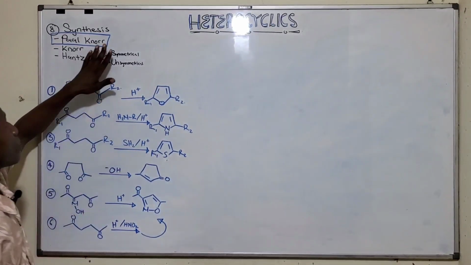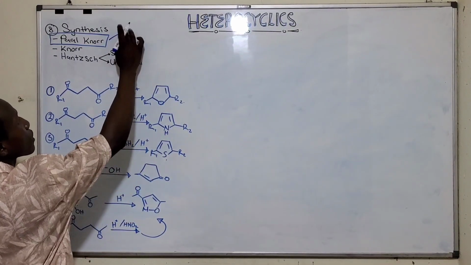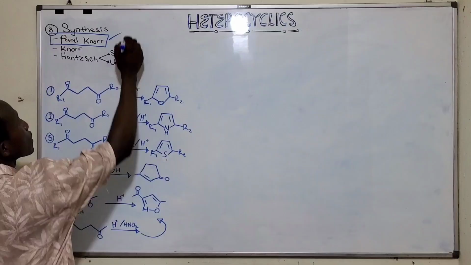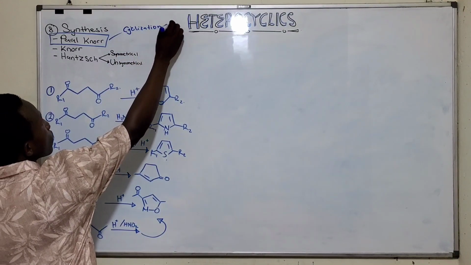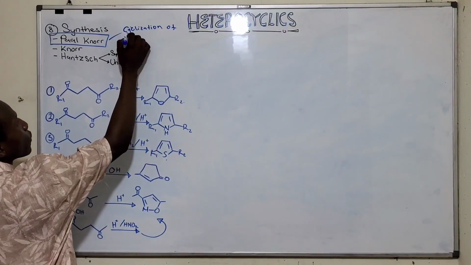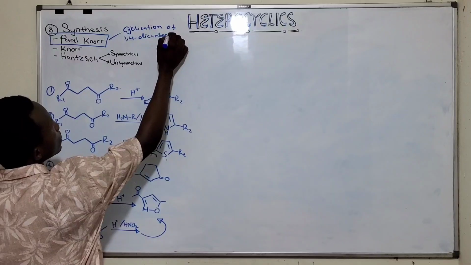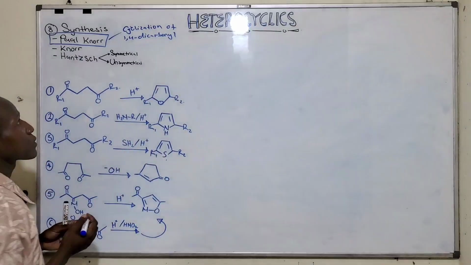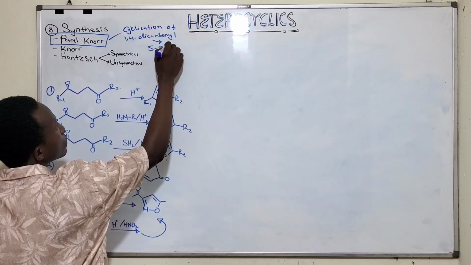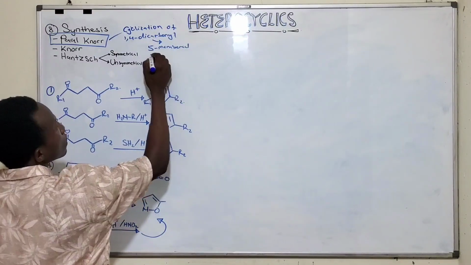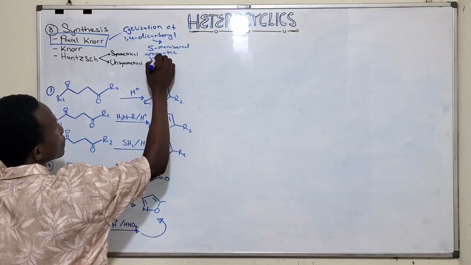Let's talk about Paal-Knorr synthesis. Paal-Knorr synthesis is a classical organic chemistry reaction which involves cyclization of a 1,4-dicarbonyl compound to form five-membered aromatic heterocyclics.